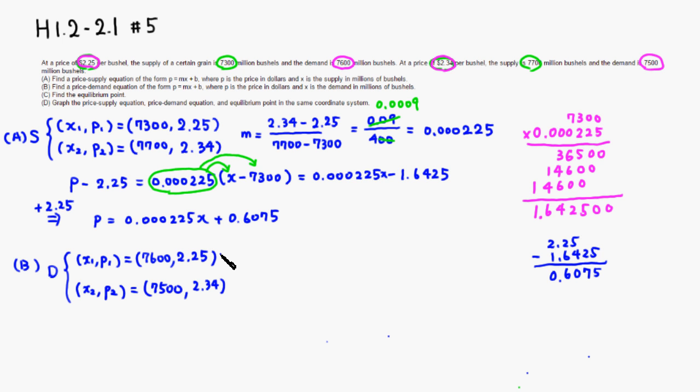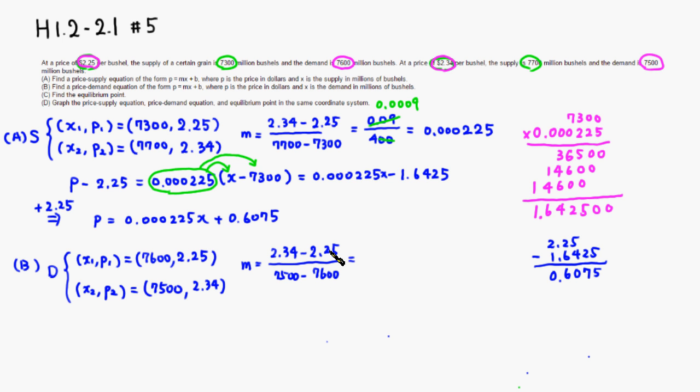Alright, so let's find the slope here. So slope m is going to be p2, which is 2.34, minus p1, which is 2.25, over x2, which is 7500, minus x1, which is 7600.